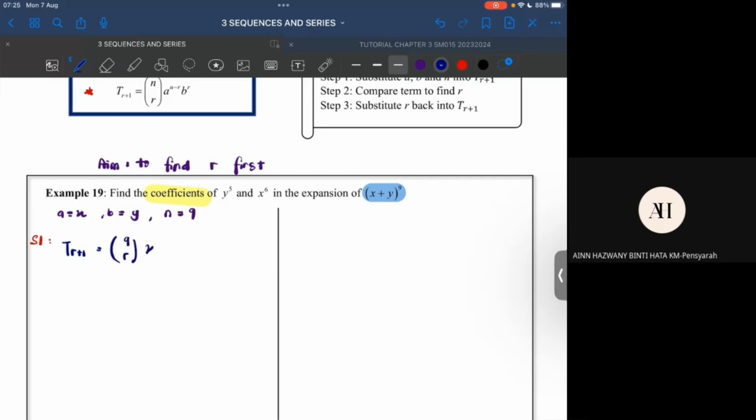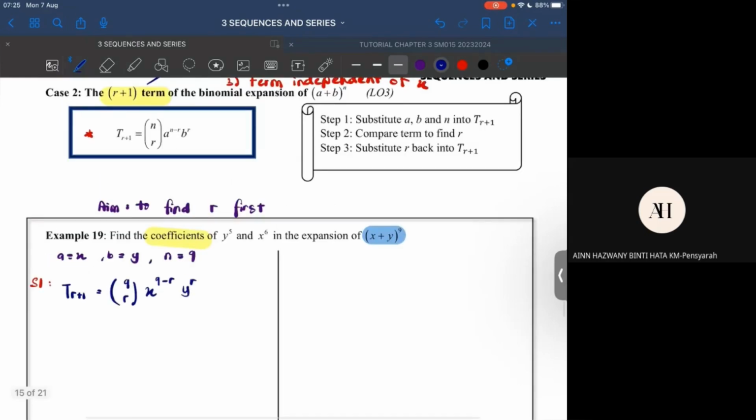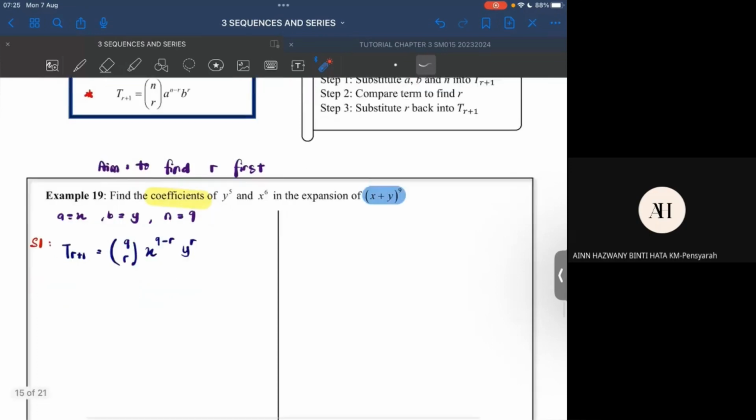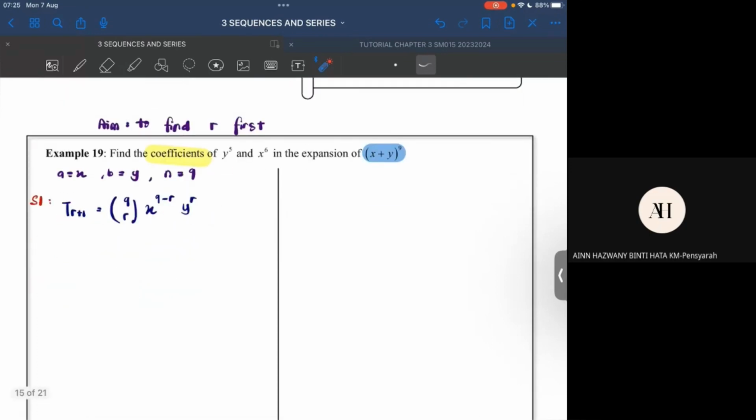A is X, N minus R, 9 minus R. B power R, so Y to the power of R. Okay. So selesai masukkan, kita pergi kepada step yang kedua which is compare term to find R. Okay, compare term to find R. So step yang kedua.